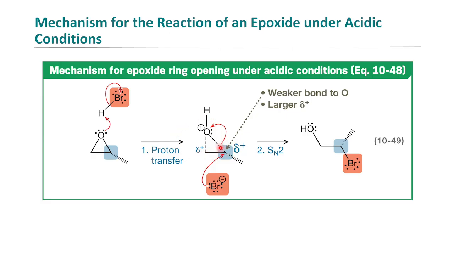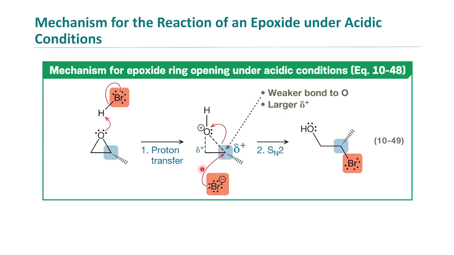Now note that because it has a very high positive charge and these bonds are getting very weak due to that oxygen being protonated, that generates a lot of positive charge. And so the one that can hold the most positive charge is actually the most substituted carbon. We're generating something that's very close to being a carbocation here and could in some ways be considered carbocation analogous. We're not quite doing it though.